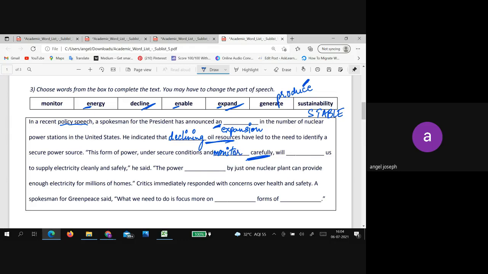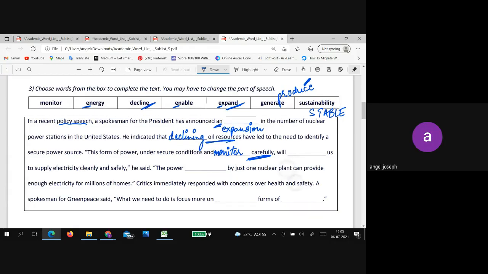Ma'am, should I write monitor or should monitored come? This form of power under secure conditions and monitor carefully, will monitor come, or monitored? Anyone else also wants to try, please? Pyara, monitored or monitor?